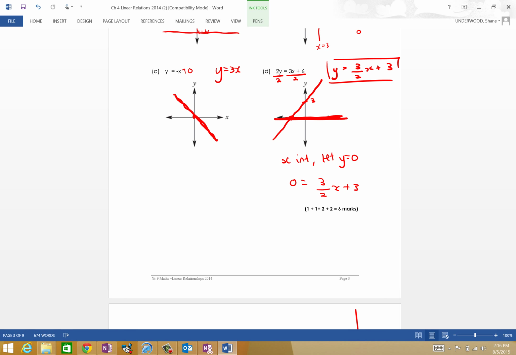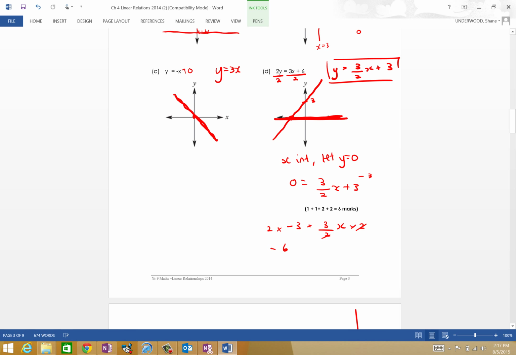So now what we need to do is rearrange, and we need to isolate x. I'm going to subtract 3 from both sides. I've got negative 3 is equal to 3 over 2x. I could divide through both sides by 3, but I'm going to just multiply this left side by 2, do the same there, and that's going to cancel that out.